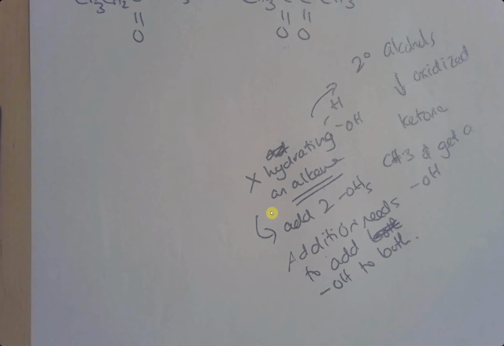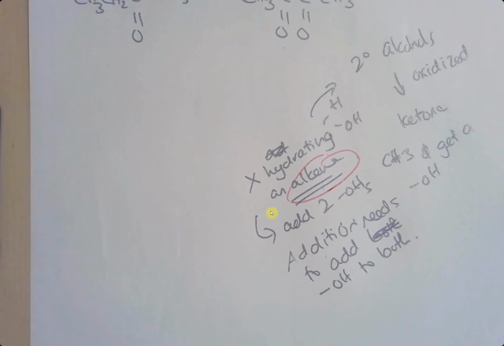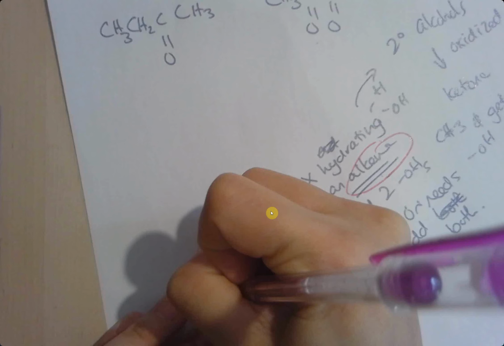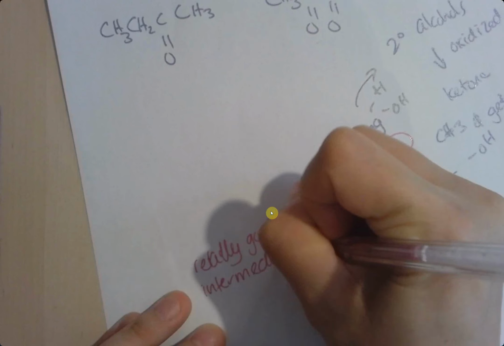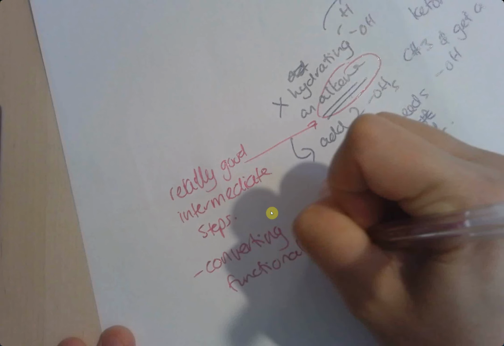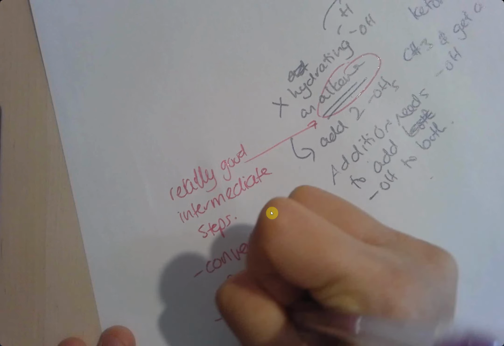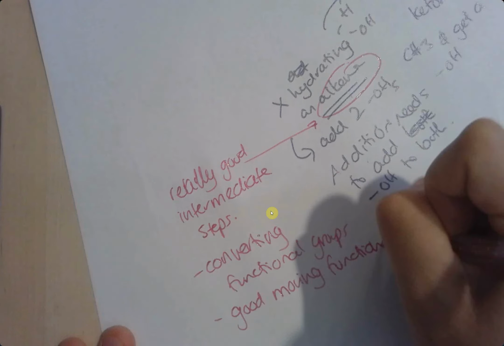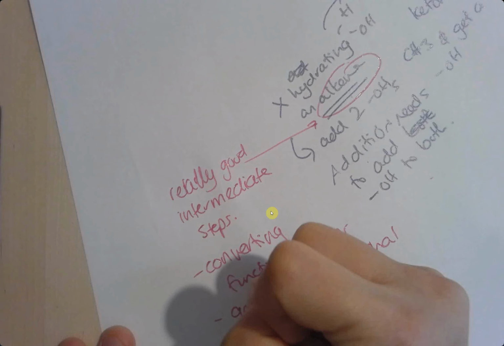Something to note is that these alkenes here are really good intermediate steps. So when I say they're really good intermediate steps, they're really good at converting functional groups. And the other thing that they're really good at is moving functional groups around a carbon.